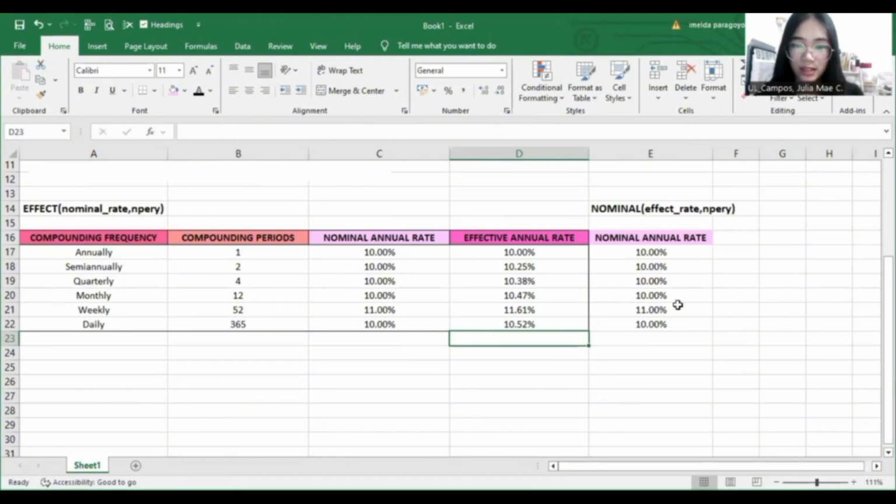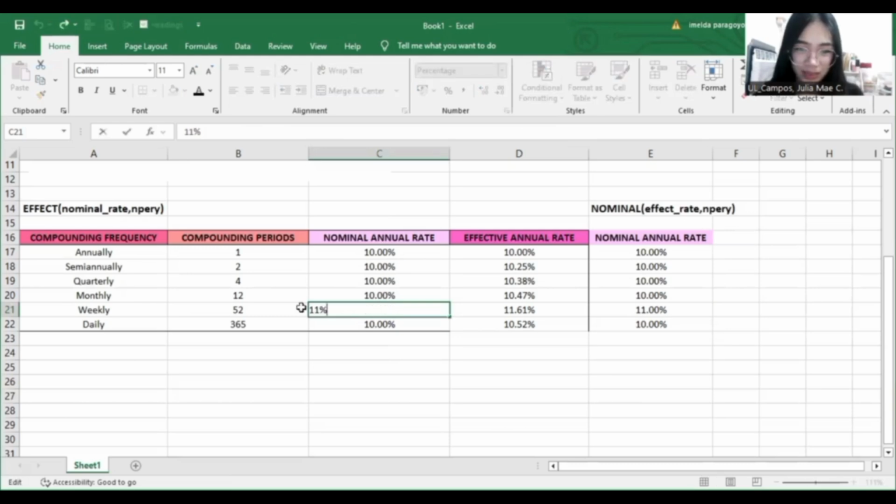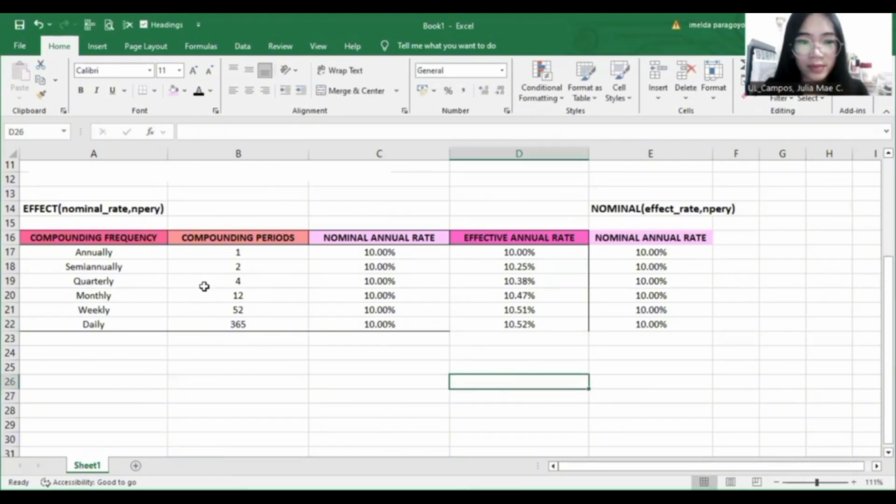Same naman siya. Of course, yung probability yung dito. So, palitan natin. So, that's how we get the effective annual rate and the nominal annual rates.